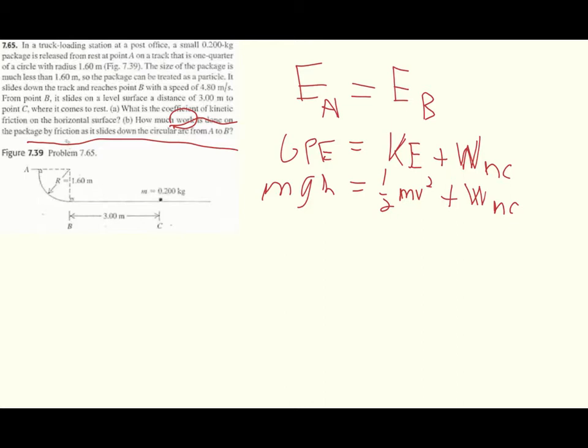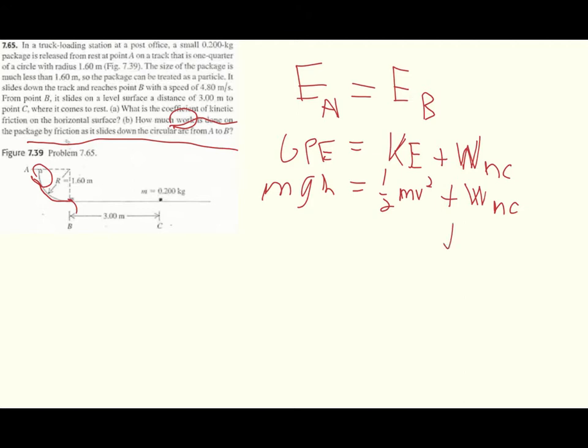That would be a real pain to solve for if you had to find the friction force individually, because even with a constant coefficient of friction, the normal force is going to change as you go down the ramp. Up at the top of the ramp at A, it's going to be close to 0, and it's going to increase as you go down the ramp. That would be a pain to do, even with some calculus. I guess it'd be kind of fun, but it would be a pain. But in any case, with work, we can avoid it.